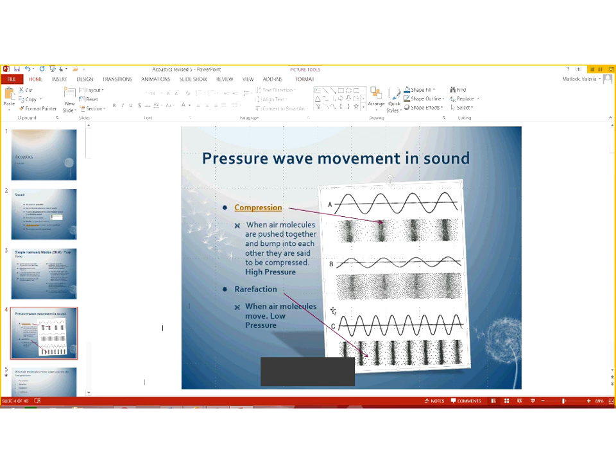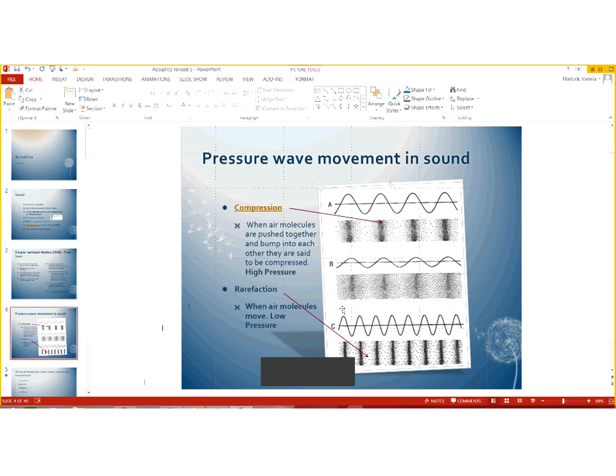And so when you return back to your point of rest, you're going to pass your point of rest and come back. But the amount of force depends on how far you're moving that vibratory source from rest. That is called amplitude.